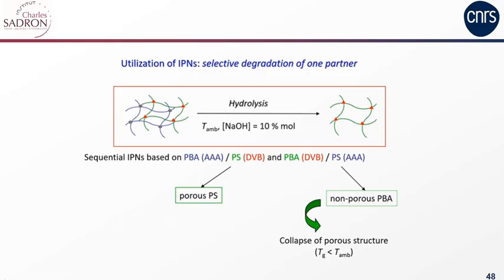So this shows that you have to be very careful when you do a degradation reaction, and when you want to remove a porogen template, you need to do it at a temperature below the Tg of the resulting porous polymer. Okay, so you have to be careful and take into account the mechanical properties of the final polymer.